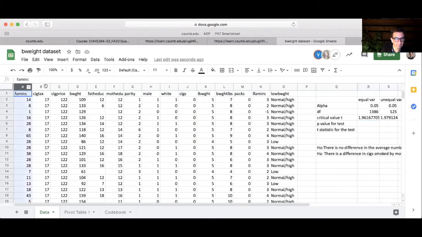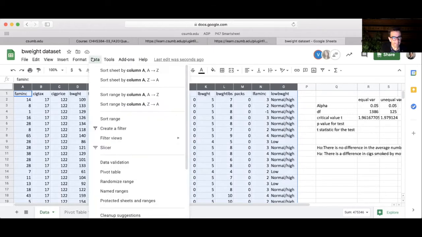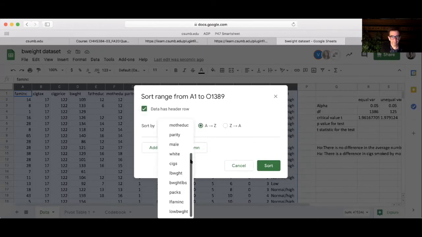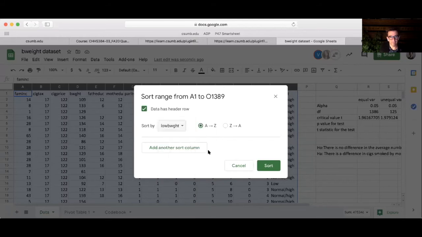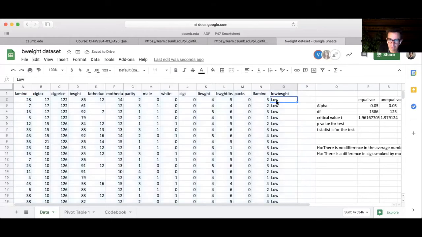And the way I'm going to do that is I select all that data set, not the whole thing because I have my tables here, just the data set, go to data, sort arrange. Remember to say that your data set, the first row is variable names. And then we're sorting by this low birth weight. That's our grouping variable. And then sort. Now all our data sets should look the same, right? Okay.